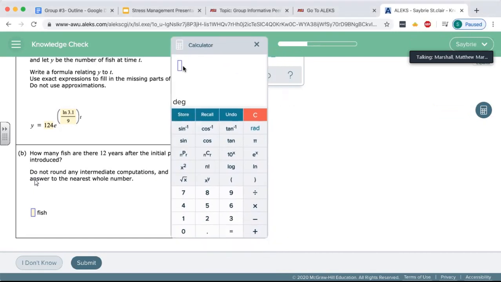So 124 e to the x. There you go. And then times 12 up there, up high with the exponent.